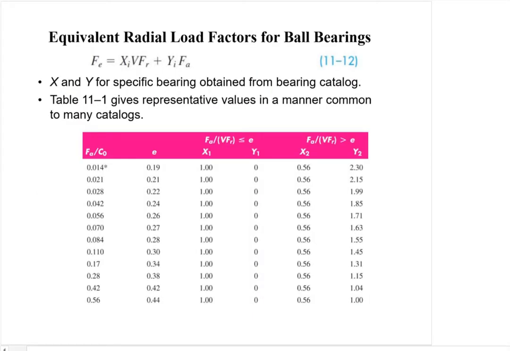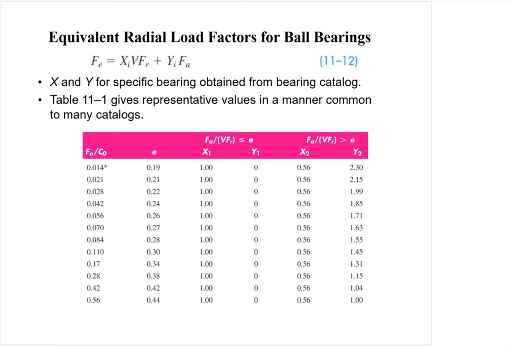So as you can see, they have FA over C0 from the catalog. So C0 you get from the catalog. FA is your axial load. From that you get your E, your X1, and your X2. Sorry, X1 or Y1 or X2 or Y2.